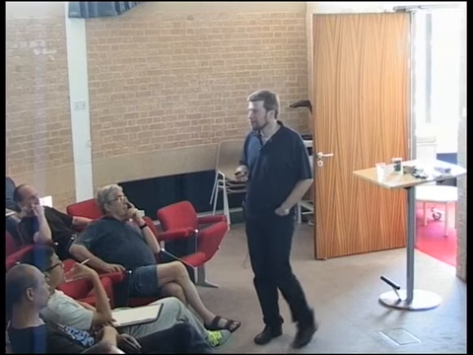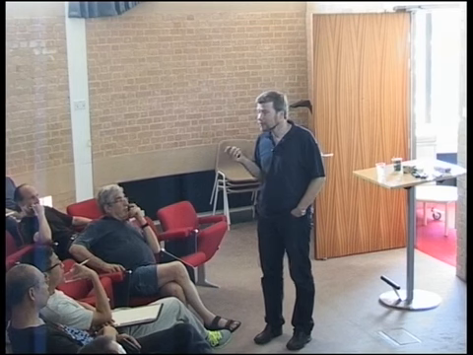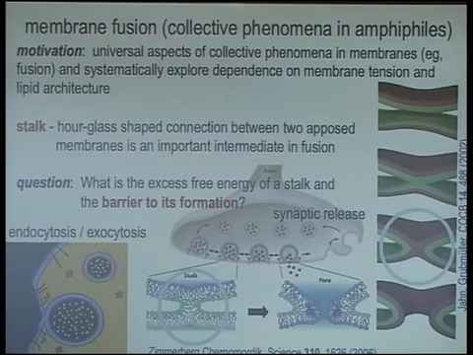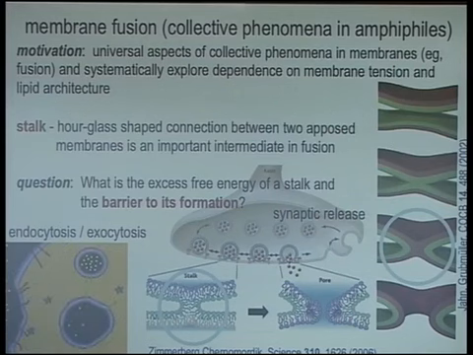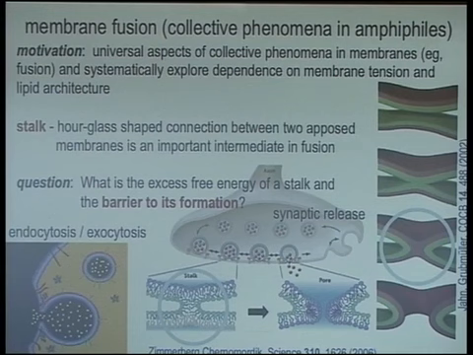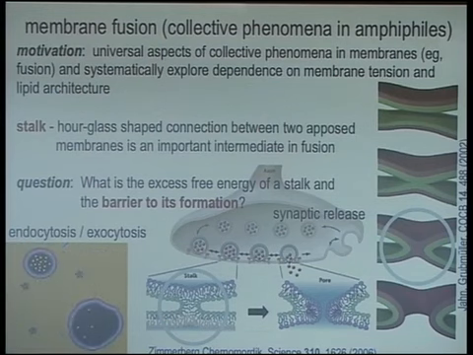Okay, the second thing is we wanted to use this for the second problem, which is the free energy barrier. And the question we looked at there is stalk formation, which is a biological process involved in fusion, where vesicles fuse with the cell membrane and then release their cargo in the outer space of the cell.